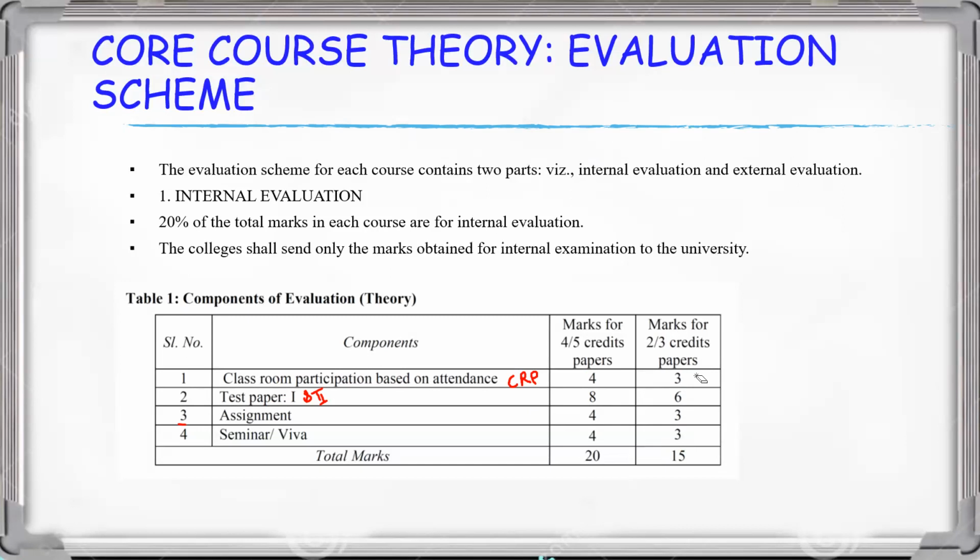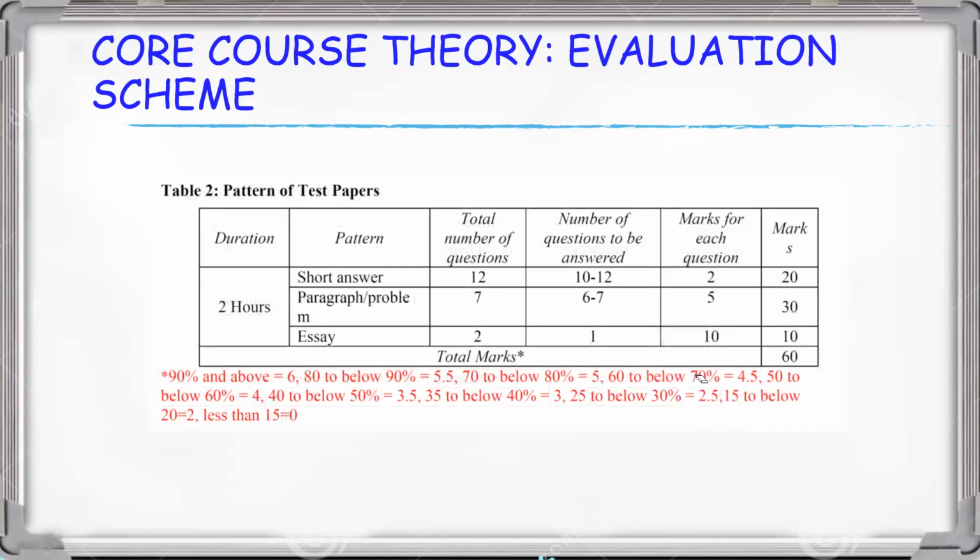For the first semester, your university paper has a total mark of 60.